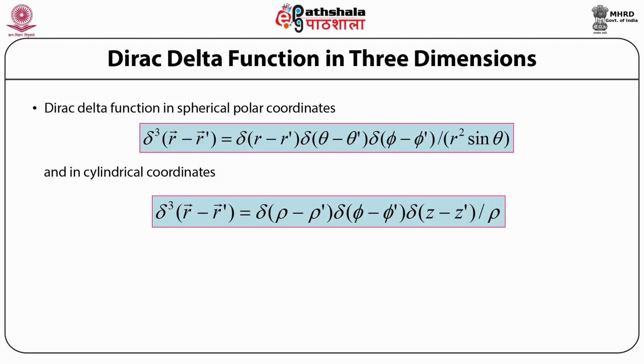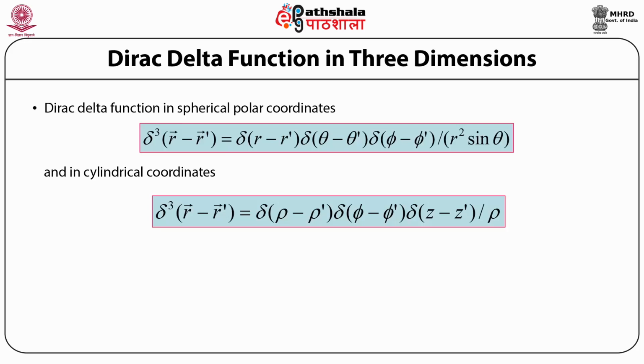Similarly, the Dirac-delta function in cylindrical coordinates can be defined as delta cube of vector r minus vector r prime is equal to delta of rho minus rho prime times delta of phi minus phi prime times delta of z minus z prime, the whole divided by rho.